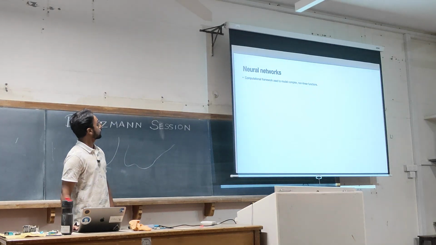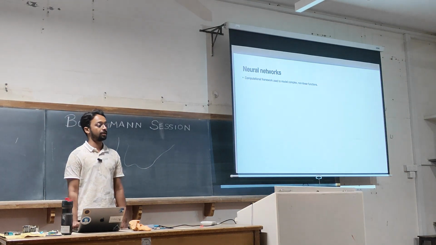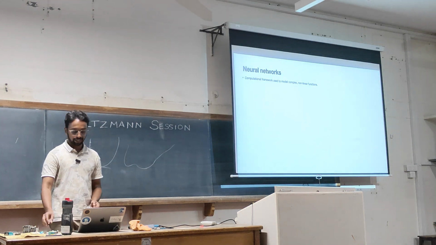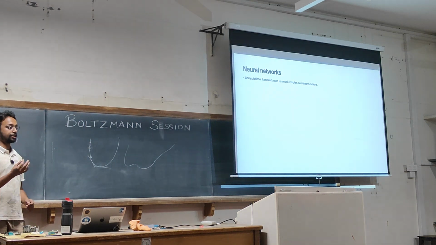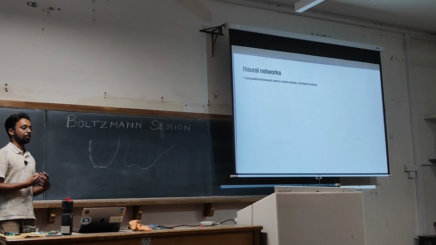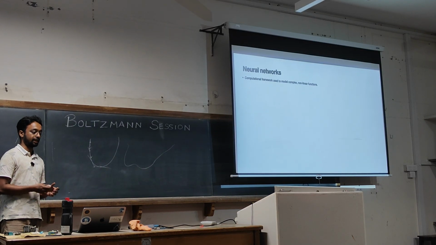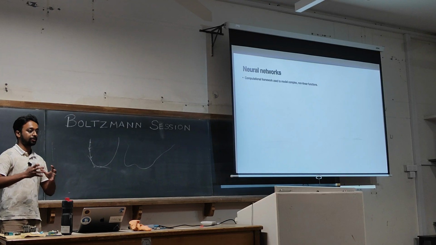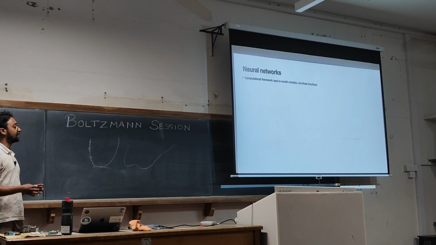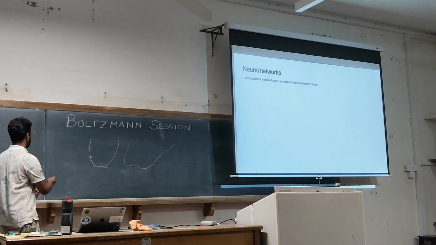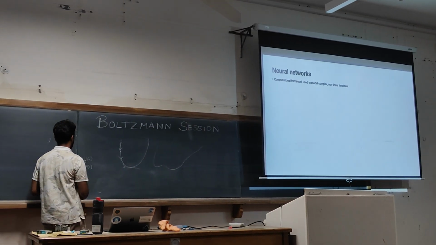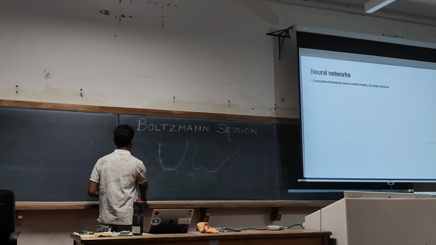Okay, a neural network is a computational framework that is used to model nonlinear functions. The idea is that you have some data, but you don't know what function you want to fit. So you take some crude representation of a nonlinear function and you continuously keep aggregating that function. Generally, it's called a composite function. If you have two functions, f of x and g of x, you can create a composite function f of g of x.